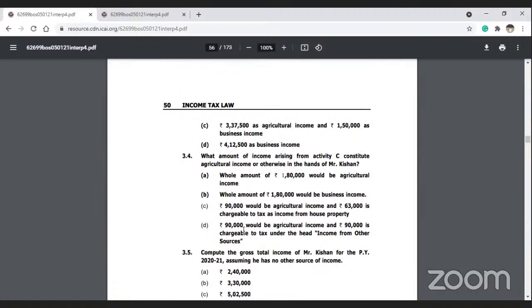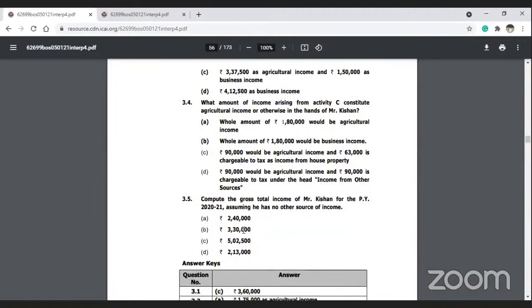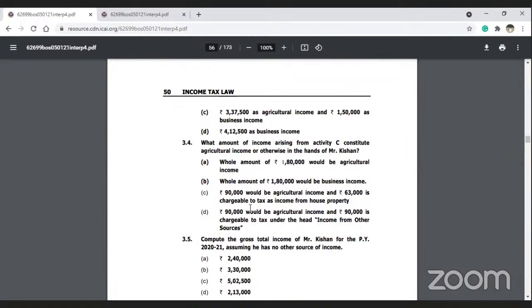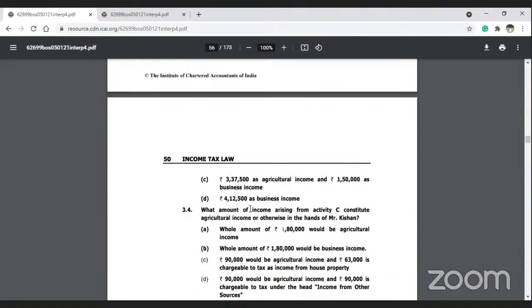Everyone got it till here? The last is to compute the gross total income of Mr. Kishan for PY 2021, assuming he has no other income. Above we calculated 90,000 in activity C plus 1,50,000.